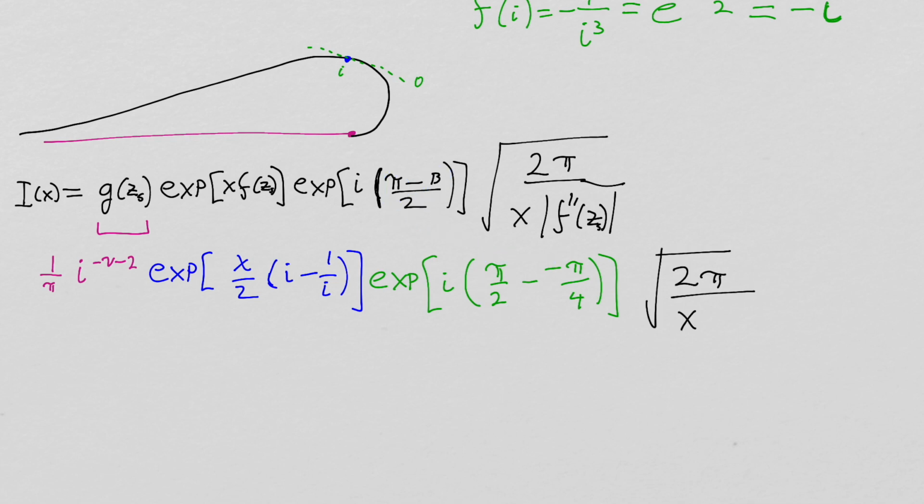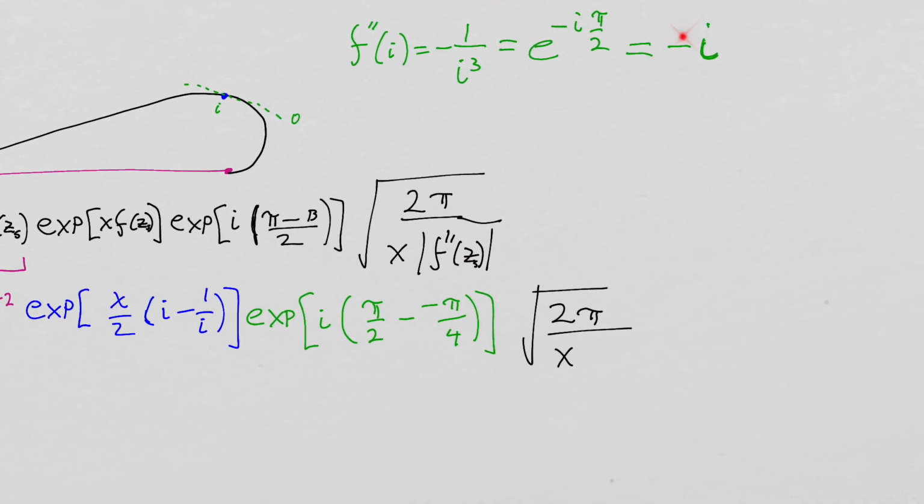Okay, and then this one's very easy because f double prime evaluated at the saddle point is just minus i, because e to the minus i pi over 2 is simply minus i. It's the polar form of the complex number negative i. And so we have this. Now notice, we already have our square root of x in the denominator, which really is important because we kind of know what the asymptotic form answer is for the spherical Hankel function.